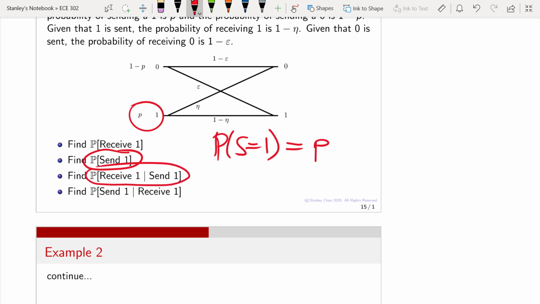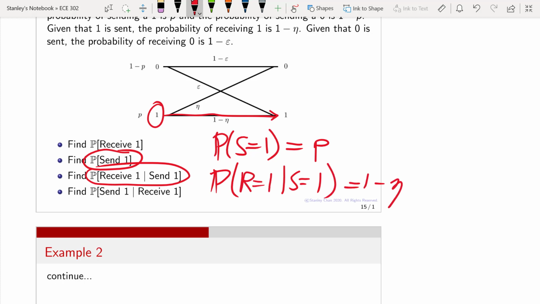Suppose that you have already sent a 1, and the receiver is receiving a 1. Given that S is 1 and R is also 1, what is that probability? This is just 1 minus eta. The 1 is already there because you are conditioned on the event that you're sending a 1.